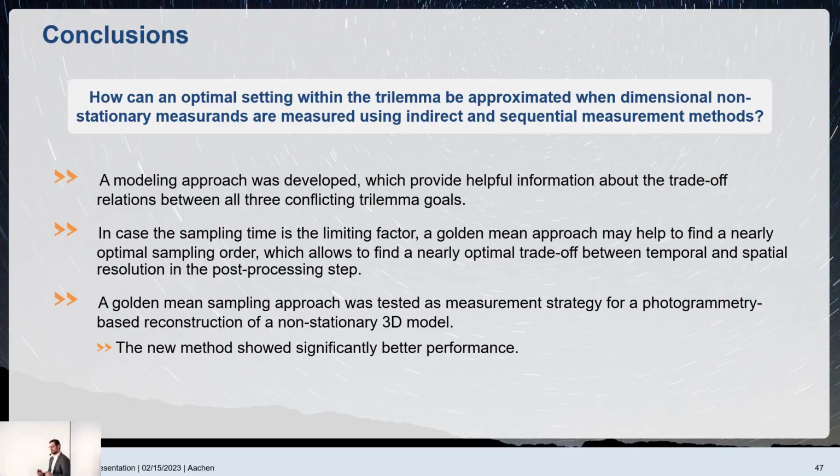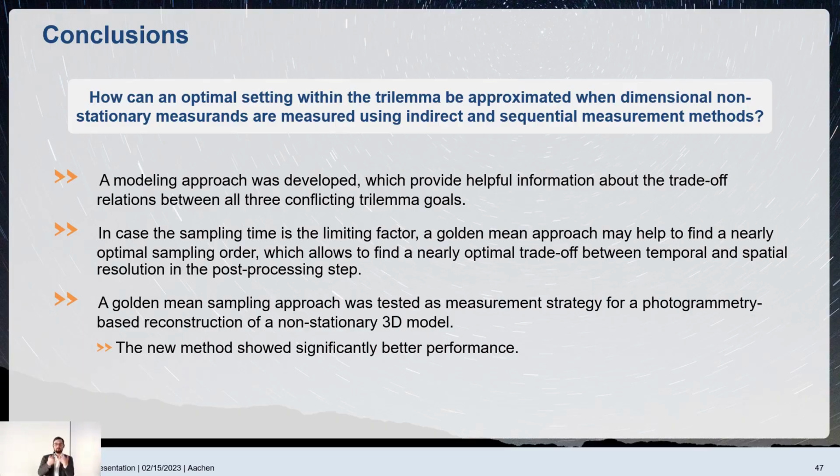And in case the sampling time is the limiting factor, then a golden mean approach may help to find a nearly optimal sampling order. And if we have this optimal sampling order, this will allow to find an optimal or nearly optimal trade-off between temporal and spatial resolution in the post-processing step.